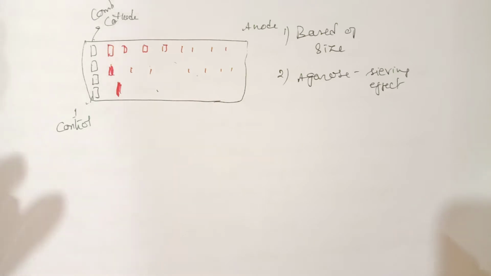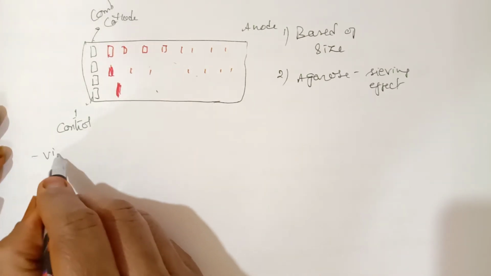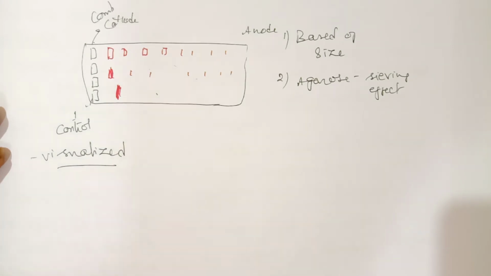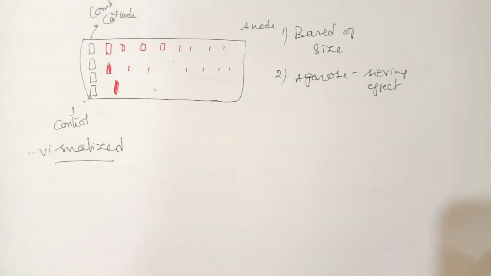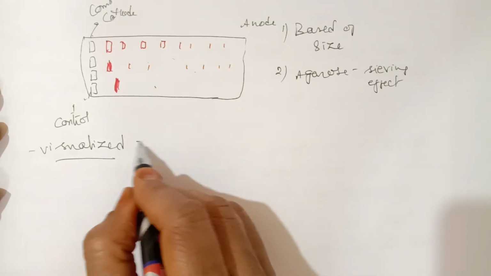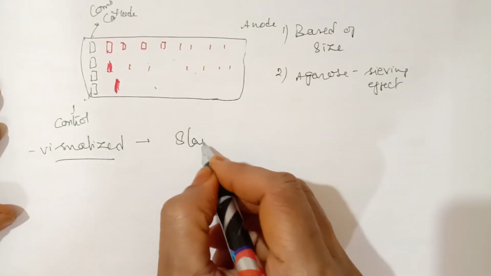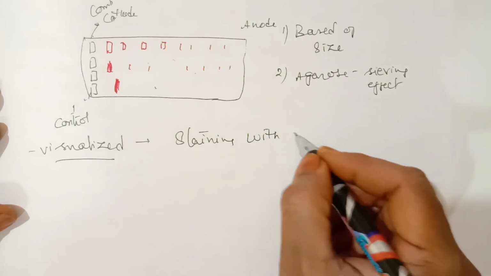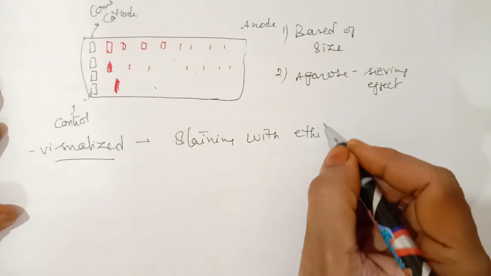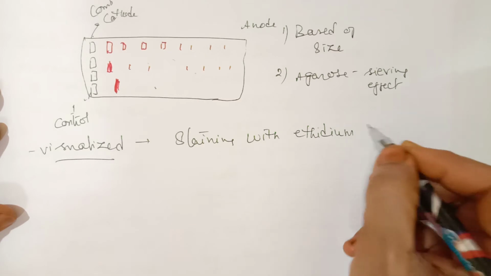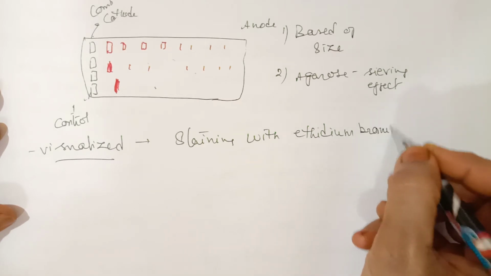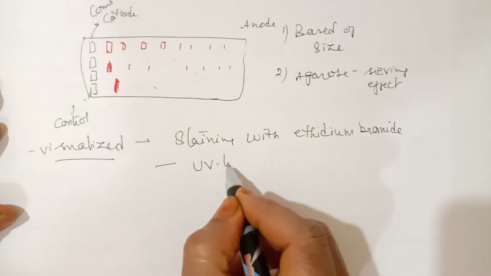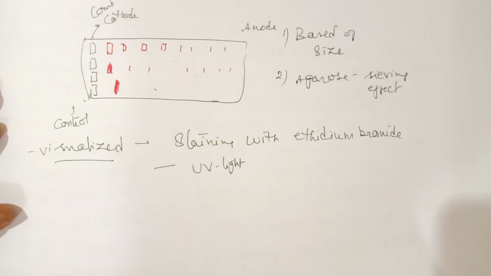Now the fragments have to be visualized. Fragments cannot be seen because of their transparent nature. They can be visualized by staining the gel, first staining with ethidium bromide, followed by exposure to UV light.